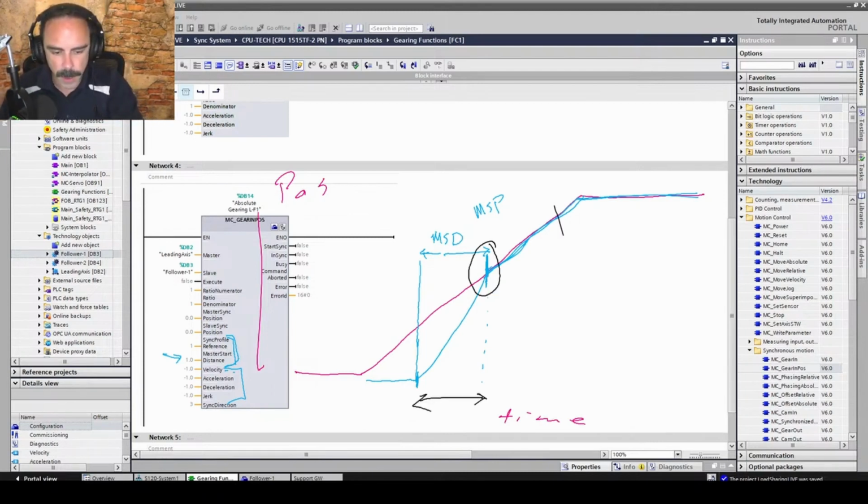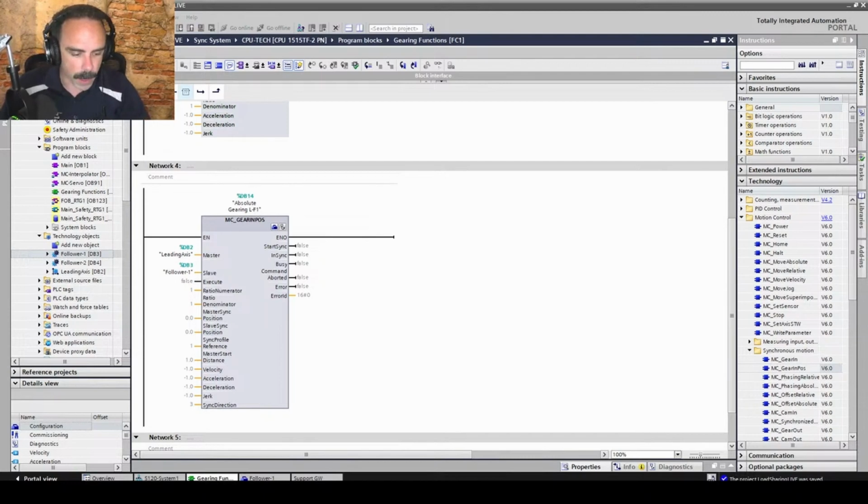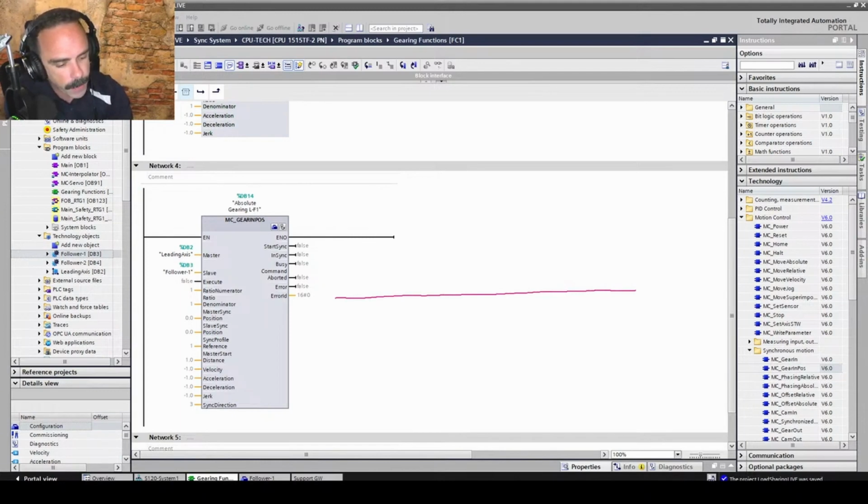So let's clear this out and talk about this. It's a subtle thing, because on a linearized axis, like we are in a linear mode where it's millimeters, we have our sheet, and this is our leading value.